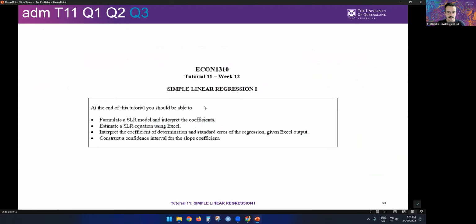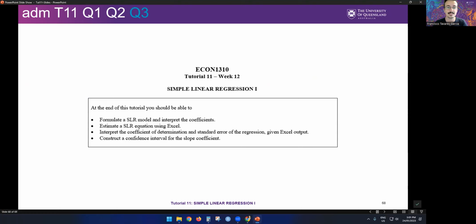Let's see if there's anything written. No. So today, during the tutorial, it was simple linear regression 1. At the end of this tutorial, you should be able to formulate a simple linear regression model and interpret its coefficients. So our equation y equals b0 plus b1 times x. That's simple. And interpret what b0 and b1 are and y and x.